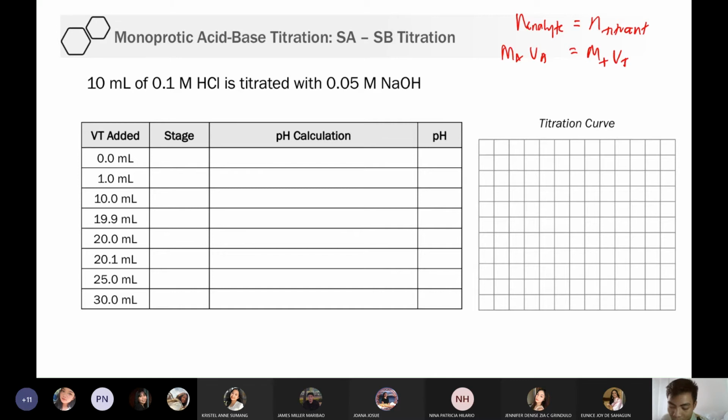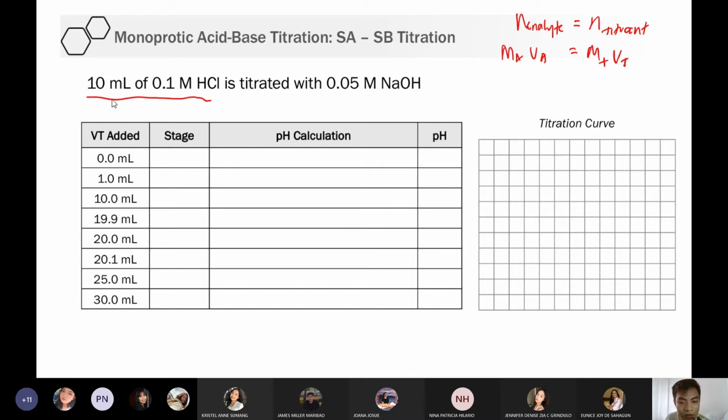Okay. So, what's next? MA. Ano yung MA? Yung unang sinasabi parati, yun yung analyte. Okay. So, basta kapag analyte, sinasabi yung volume, sinasabi yung molarity agad. Yung volume ng titrant, paiba-iba yun. Pag nakita nyo paiba-iba yung volume, titrant yun.